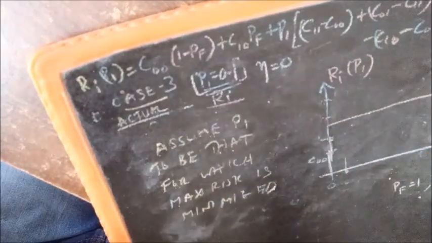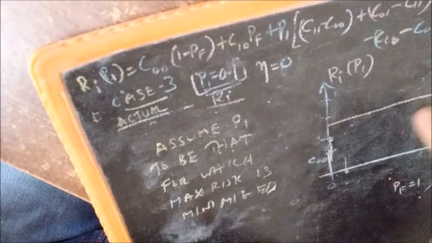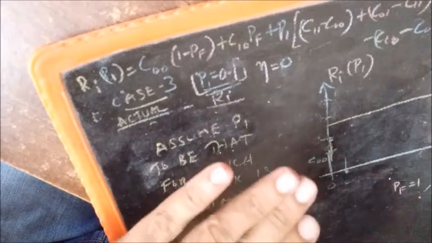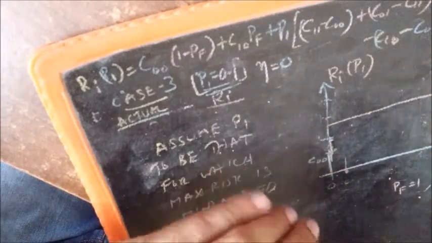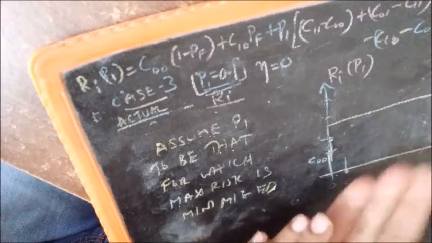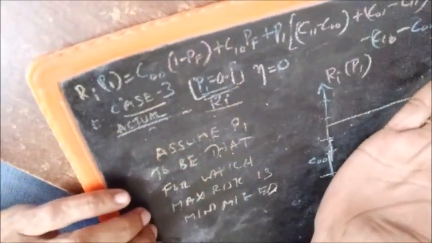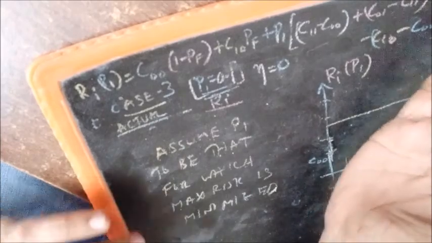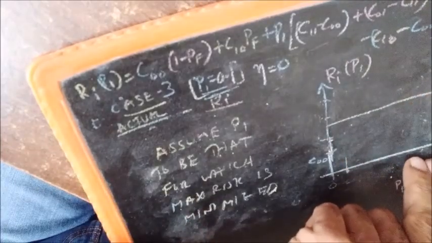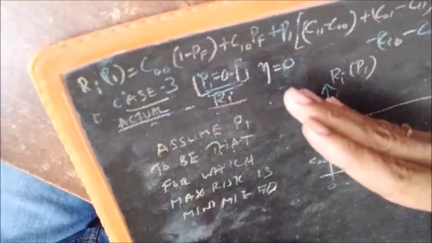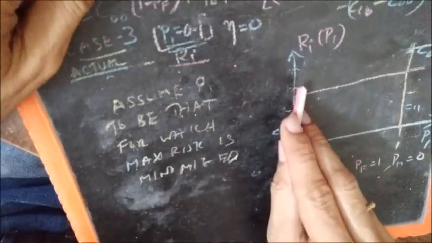If you do this, the maximum risk remains the same. You will get the maximum risk to be the smallest, because for assuming probability P1 on this side, we get a variation like this, so the maximum risk will be more than this. If you assume P1 to be on the higher side, you are going to get a variation like this. So the maximum risk is this.